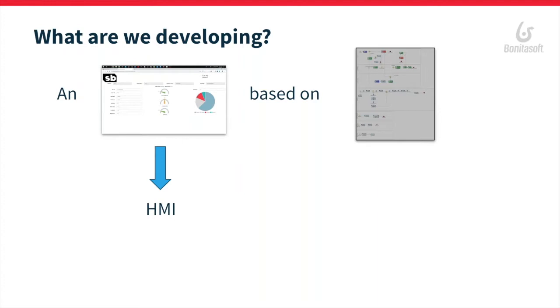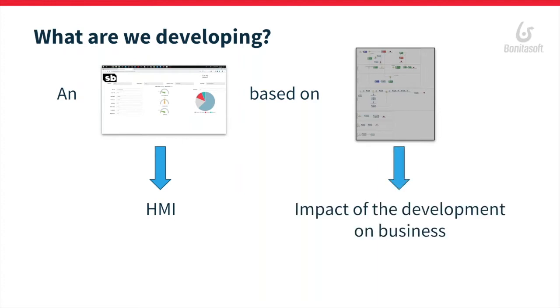Then it is based on processes. What does that mean? It means that every time you are going to develop something, it will have an impact on your business, an impact on the way your organization is done, an impact on the day-to-day work of everybody. Because most of the time you are going to change the core business processes.